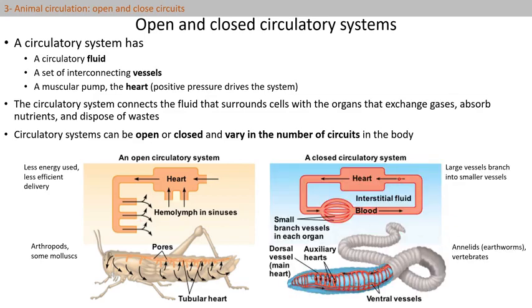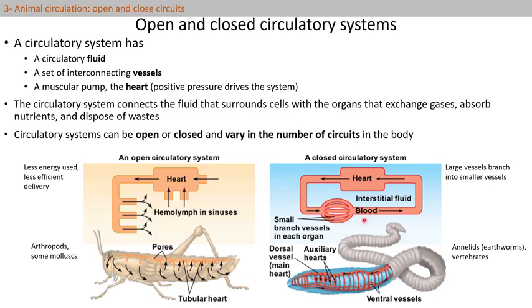It's very different from a closed circulatory system. In a closed circulatory system, the blood, so the fluid here in circulation, is closed at all times within vessels, and vessels vary in size along the circuit. So you have a continuity between the heart, the pipes, and come back to the heart. That circulatory system needs to have exchange with an interstitial fluid in which the cells of your body reside.